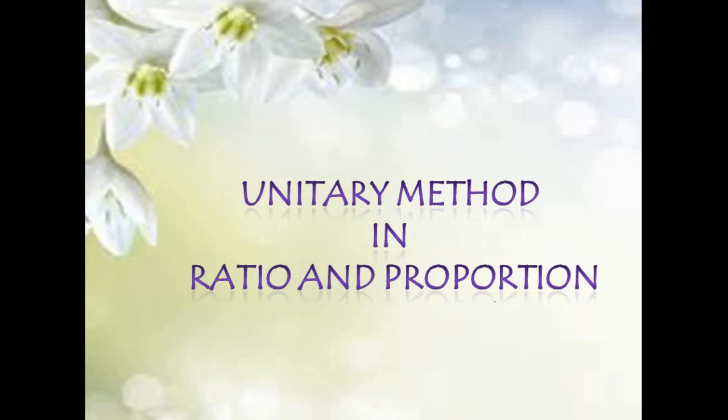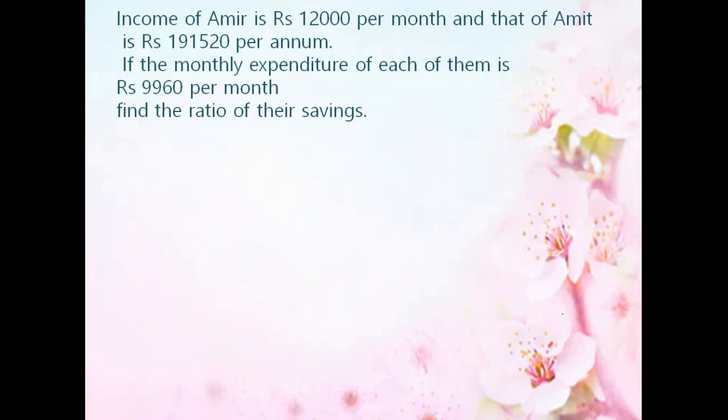The unitary method is majorly used for the ratio and proportion concept. Let's do one such problem. Income of Amir is rupees 12,000 per month and that of Amit is rupees 1,91,520 per annum.